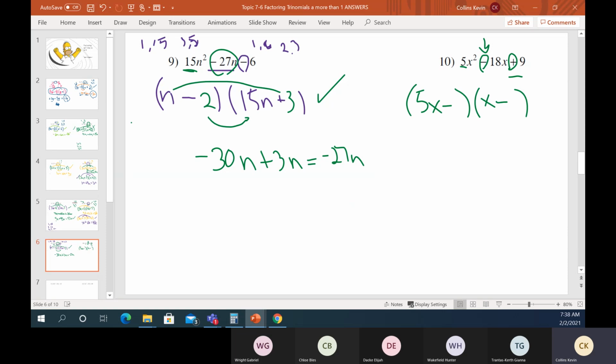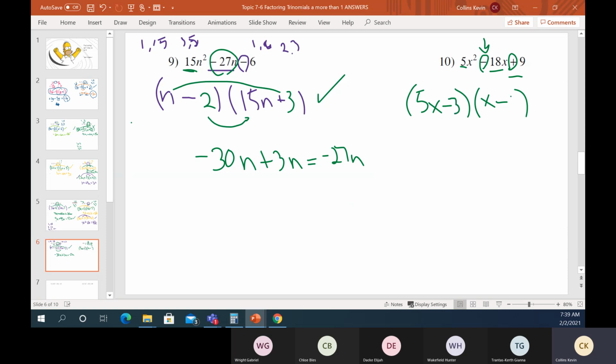Okay, so this is kind of like CSI. This is kind of like a fact-finding mission, right? So we got that part in. Now, do we want to try 3 and 3, or do we want to try 1 and 9? Again, this 18 isn't that much bigger than the other ones. So what do you think? Try the 3 and the 3? Okay. And since they're both 3s, it doesn't really matter.